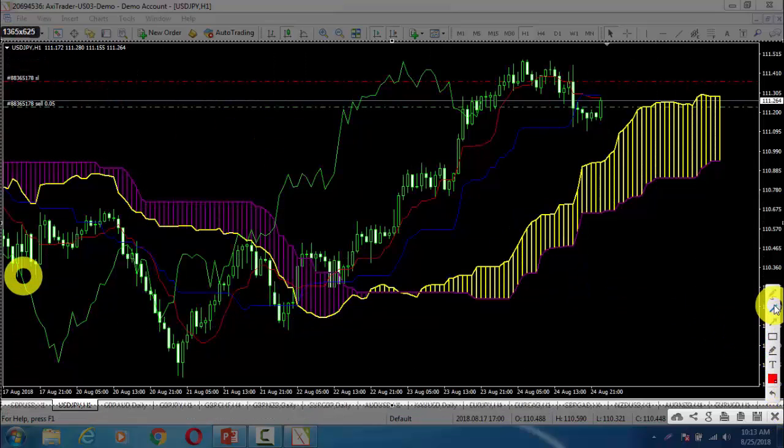Say this is the highest point and this is the lowest point. We will see this highest point and this lowest point, and then calculate their average. Then this average is plotted here, 26 periods ahead.